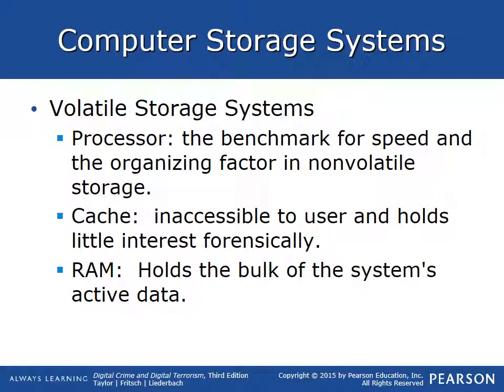When you're processing volatile, basically the reason we have volatile is for speed. You can use a volatile storage container very, very fast. It runs out of cache or RAM. It holds a lot of the programming. So when I'm switching back and forth between my PowerPoint and my Excel, that's all going into my RAM.